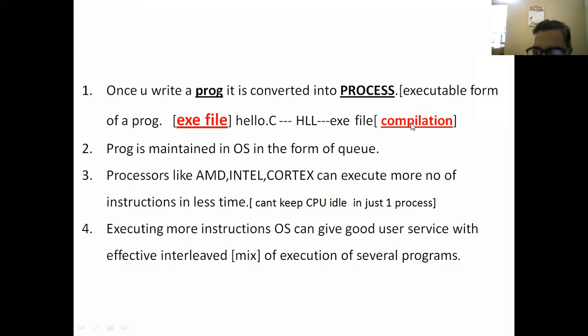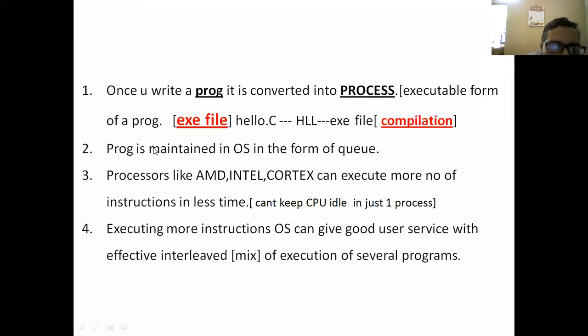Compilation is the process of conversion of high level language into the executable form, or .exe file, and this .exe file can be given to the CPU to execute. The conversion of high level language into an executable file is what we call compilation. Hence, any CPU will be able to execute the process and not the program.